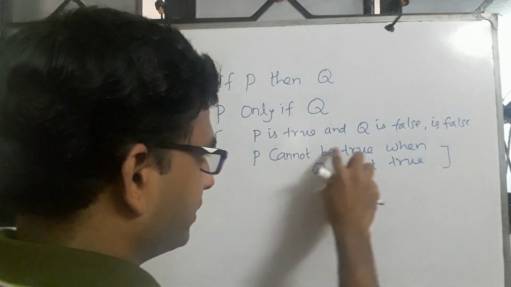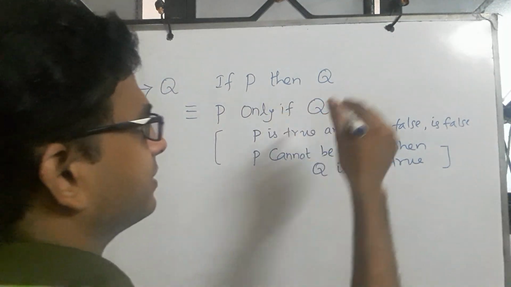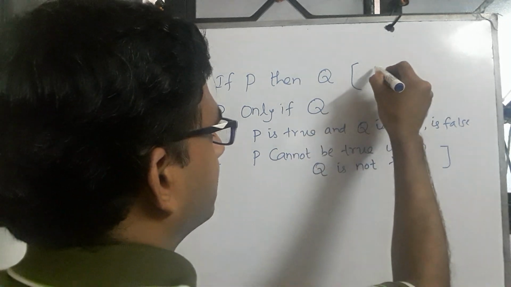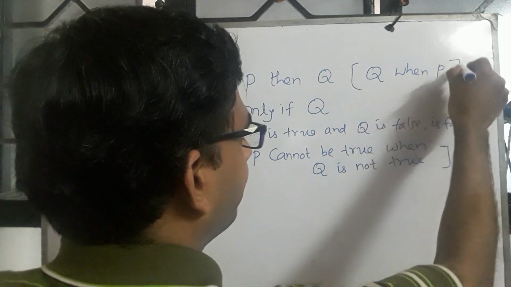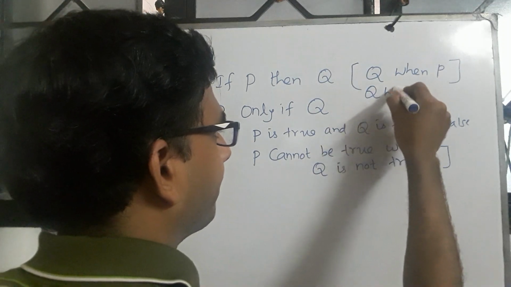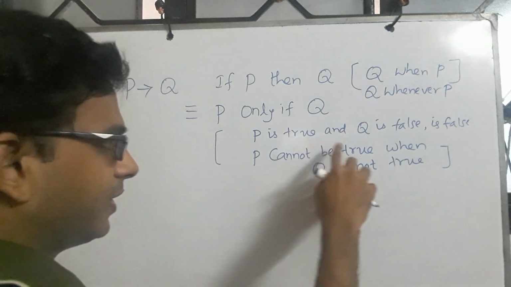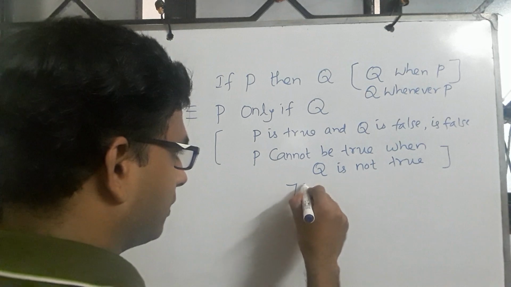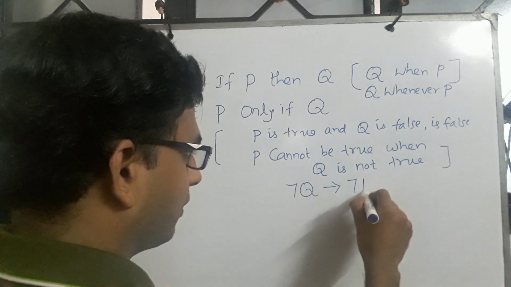But one can also see this itself as something like a conditional statement, because we said if P then Q is equivalent to saying Q when P, or Q whenever P. If you look at it from this perspective, this is when Q is not true, P cannot be true.